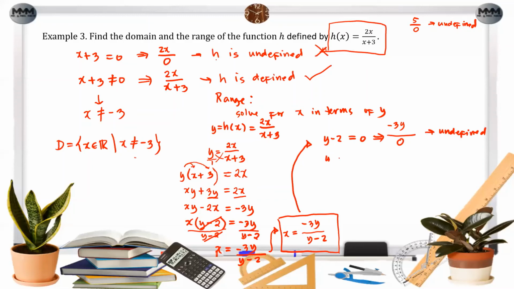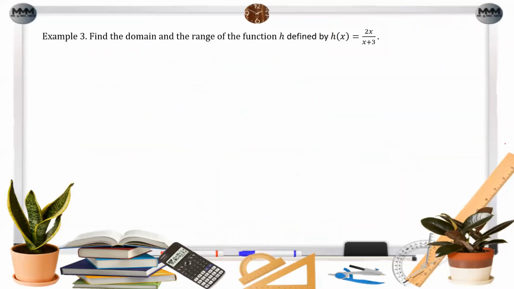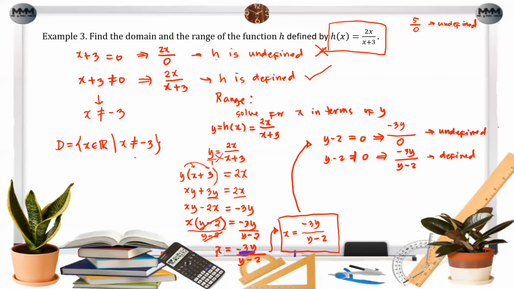Now, if y minus 2 is not equal to 0, negative 3y over y minus 2 is defined. So we will focus on this. If we solve this, we have y is not equal to 2. Follow?